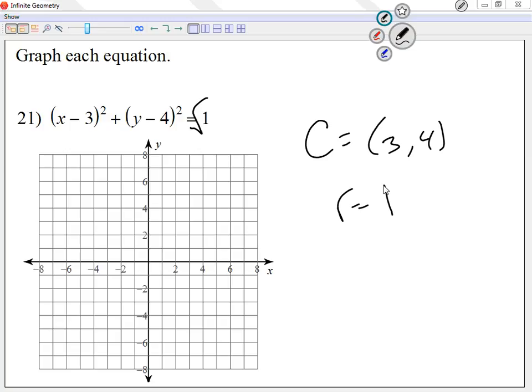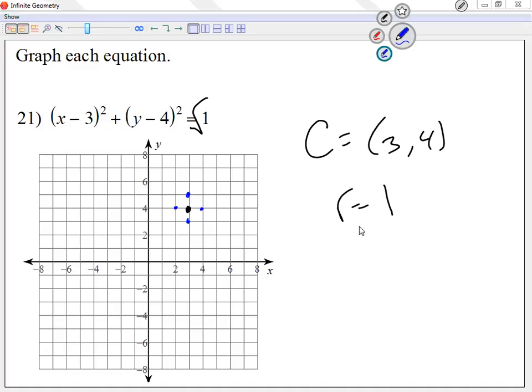Okay, so my center is 3, 4. My radius is 1. So my center, I'm going to graph it right there. 3, 4. Now since my radius is 1, I'm going to say from the center, let me go 1 up, 1 down, 1 to the right, and 1 to the left. I plot in 4 points, all of them 1 away from the center because the radius was 1.